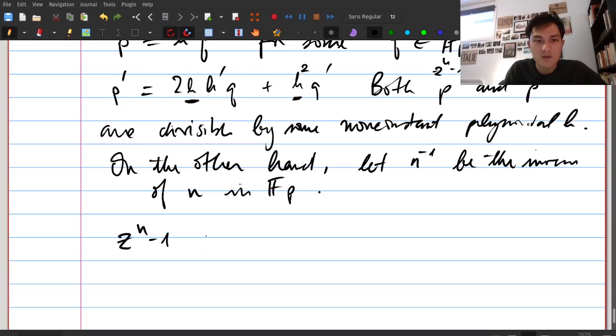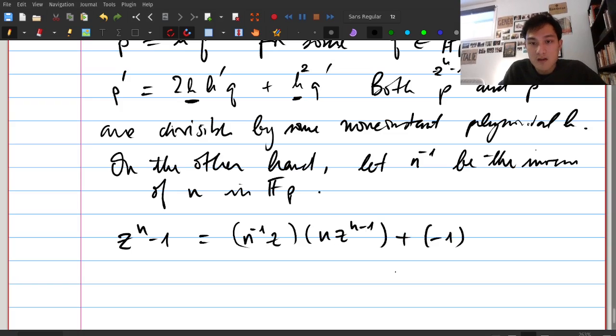We can take z to the n minus 1 equal to n inverse z times n z to the n minus 1, because these cancel out, and then you get a power, plus minus 1.